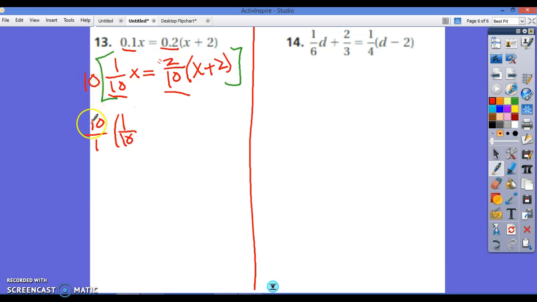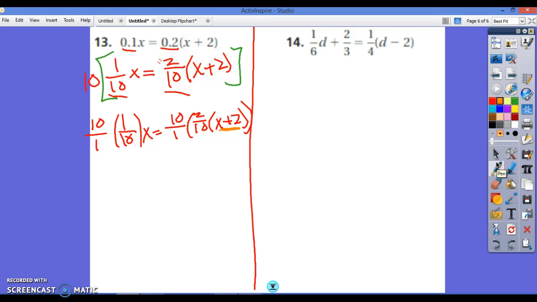You can rewrite this as 10 over 1 times 1/10 x is equal to 10 over 1 times 2/10, and then inside we just have this. But remember, when we're working with this, we don't touch what's in the parentheses here, okay? Because the actual number that we're working with is this times what's in parentheses.